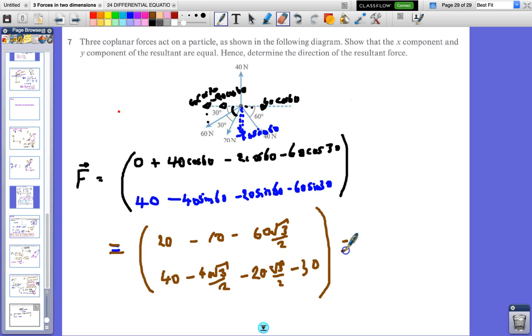Right? So you can sum these forces. The x component is 40 minus 30, which is also 10, and then we have 20 minus 30, hence 10 minus 30 root 3.